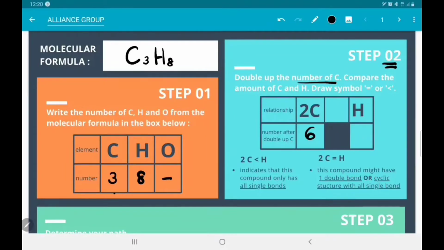Hydrogen, we have 8. Now we compare the amount of 2C and H. So 2C is less than the number of hydrogen. 2C less than H indicates that this compound only has all single bonds.